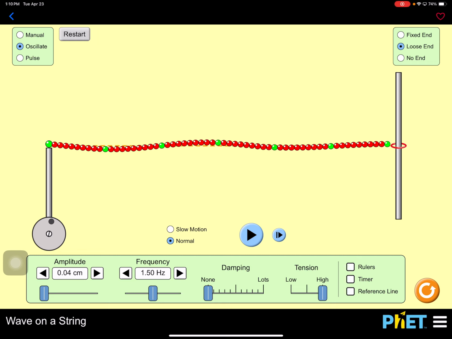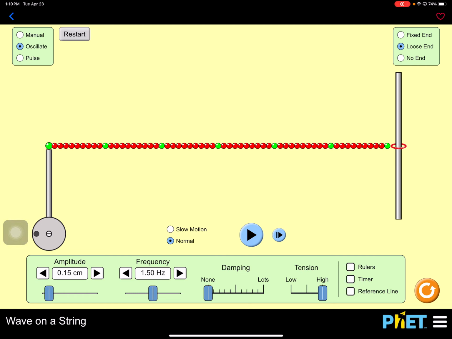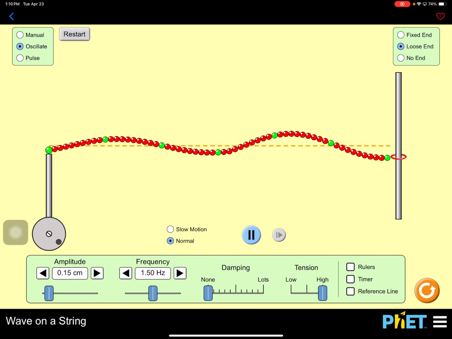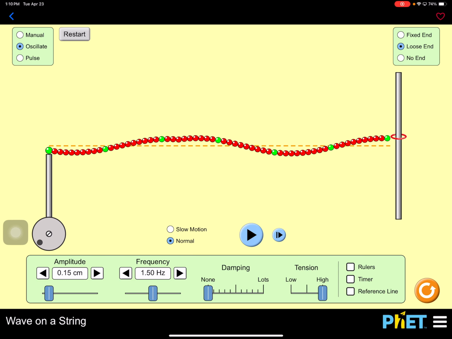Why is the displacement from the equilibrium point? Let me increase the amplitude. So here is the equilibrium position. Y is this distance, and x is that distance.